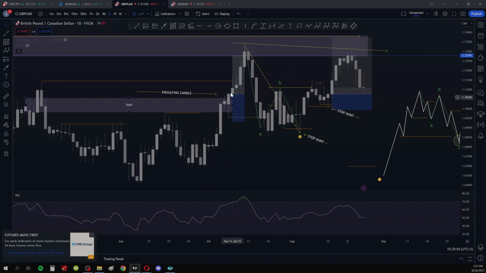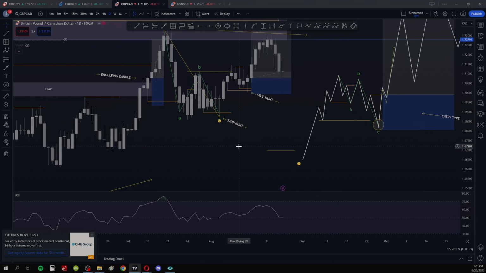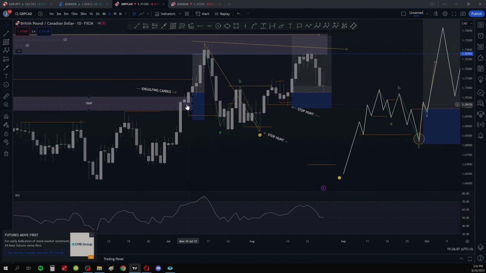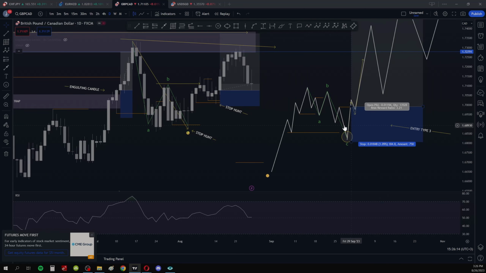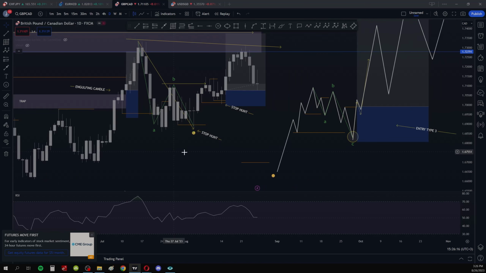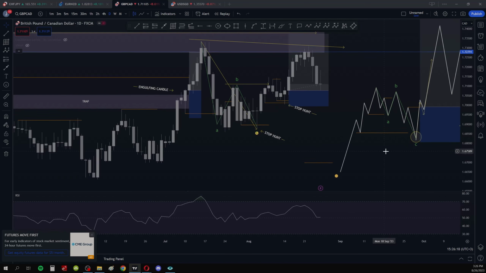What we want to see here is this engulfing candle. It's not always going to be in the form of an engulfing candle. It can also just be a larger correction like here, and we can have an entry candle here or an engulfing candle.